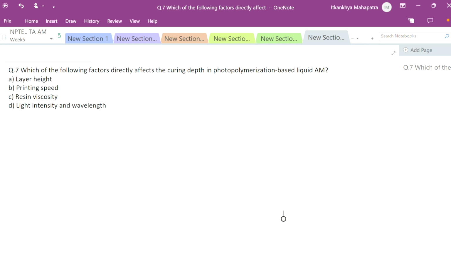Curing depth is equal to penetration depth times ln of E max by EC, which is the maximum exposure by the critical value of exposure. But this question is not related to those formulas. So it is asked, which of the following factors affects the curing depth. The correct option is light intensity and wavelength.